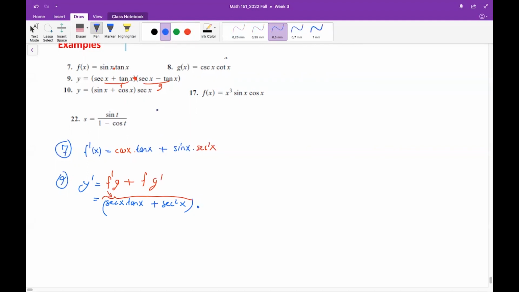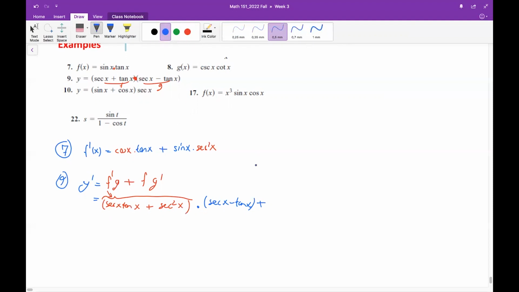Times the g function. Here you can see it, secant x minus tangent x. And then plus, maybe I should use the color red for the derivative parts. Okay, the derivative of the secant, as I said, is secant x times tangent x, plus the derivative of the tangent function, secant square x, okay? Times g, and plus.